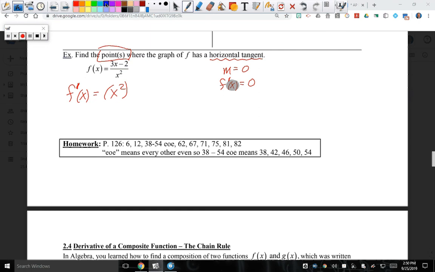What's the derivative of the numerator? 3. So low d high minus, keep going. High. 3x minus 2. Yep, 3x minus 2. Not 2, 2x. Okay, so 2x. All over what, guys? X to the 4th.